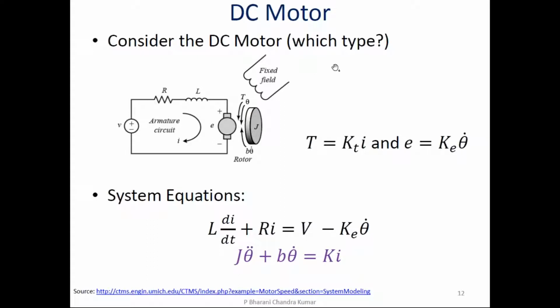So which type of DC motor is this one? Can anyone tell? What is the type of this DC motor? I will give you some hint as well. Series type? Shunt? Series generator? Series motor? Separately excited, sir.